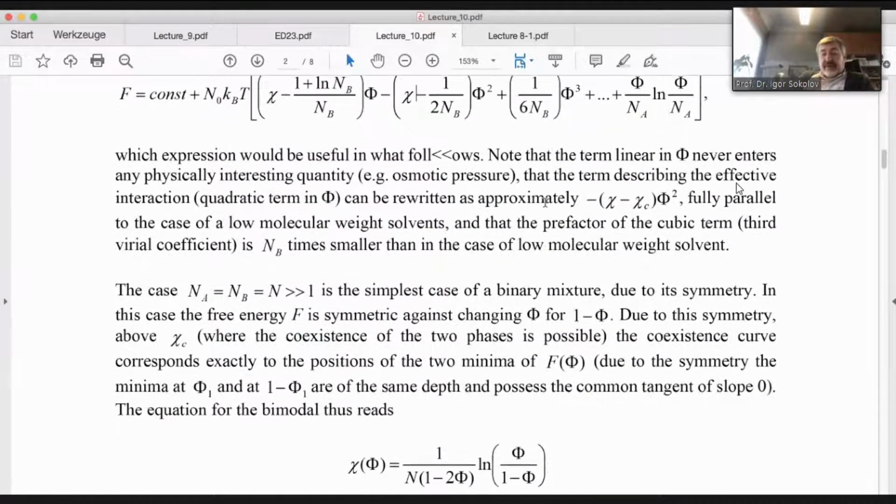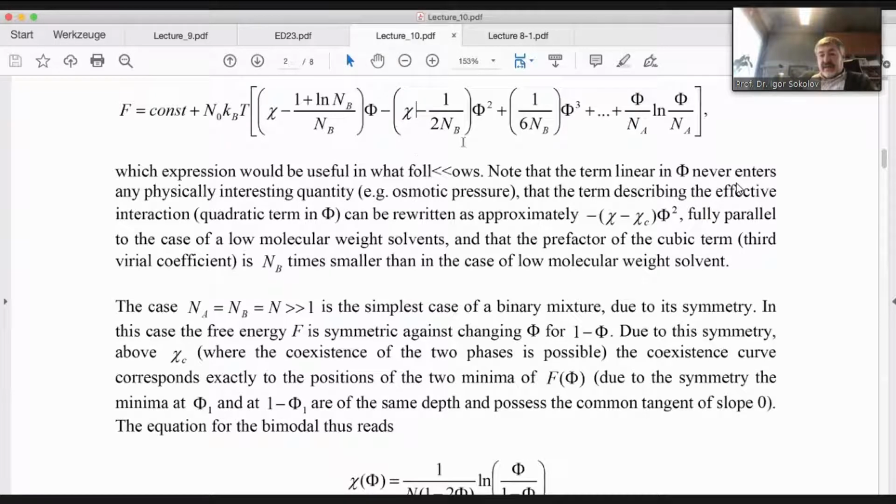Now, the prefactor of the quadratic term, I can put down as chi minus chi_C, because I have seen that this is essentially chi_C.